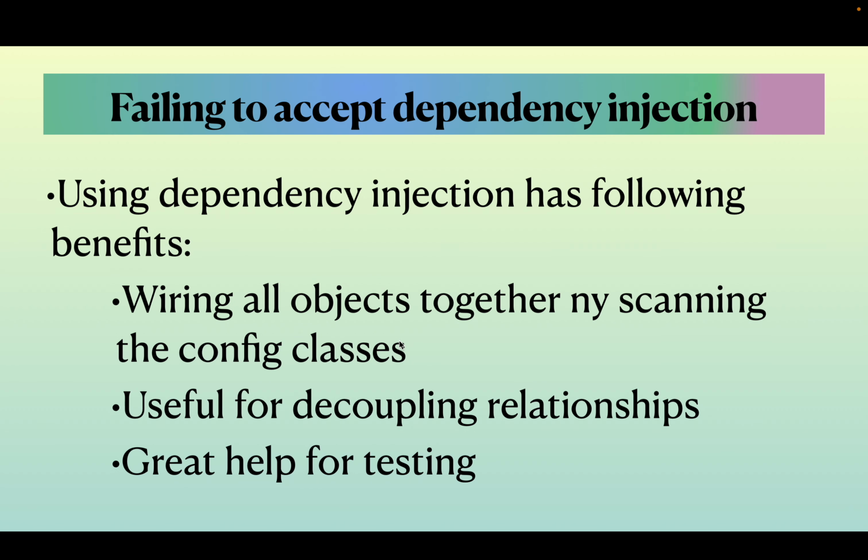Next mistake we commonly make is that we fail to embrace dependency injection. Using dependency injection in a project has a lot of benefits. It will wire all the objects that we require just by scanning the configuration classes, and it is useful for decoupling relationships. That's what we want, right?